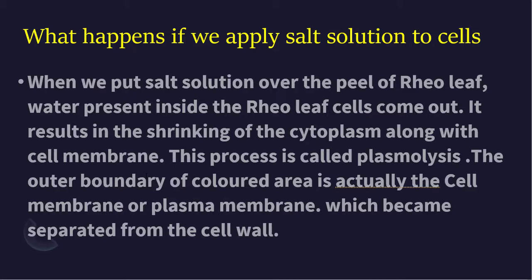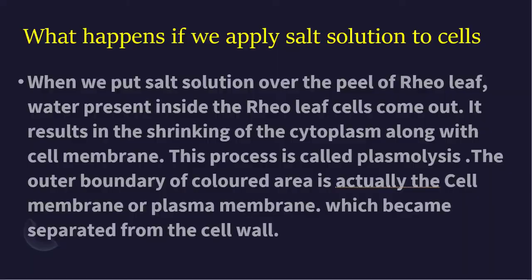Actually, at first they are closely attached, cell wall and cell membrane. Because of the salt solution, the cell wall and cell membrane separated, because water came out of the cells. That is why the cytoplasm shrinks.